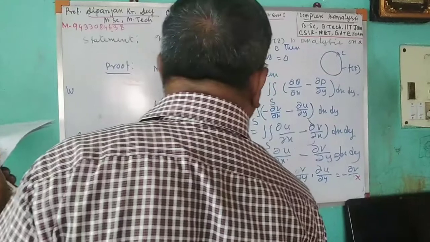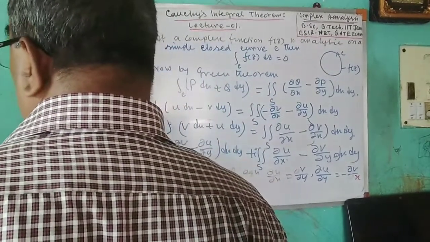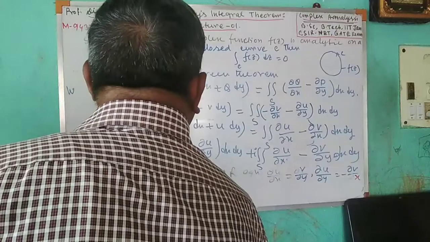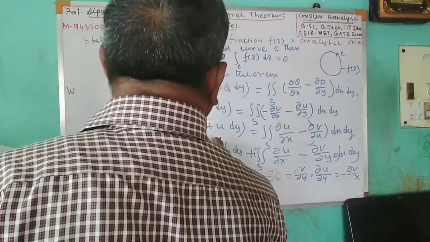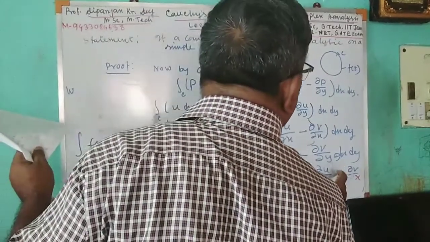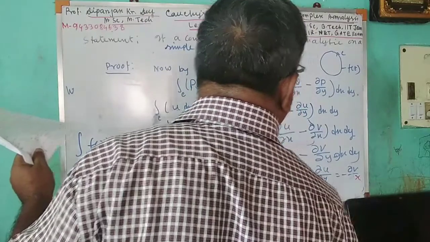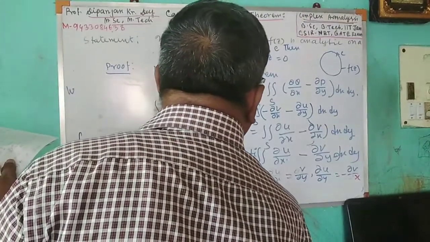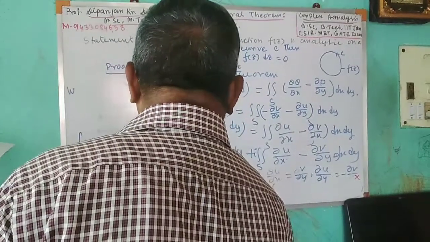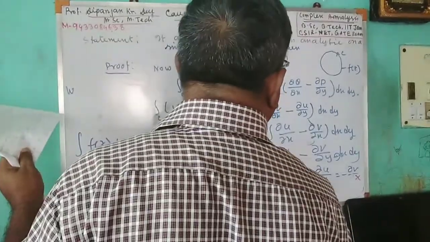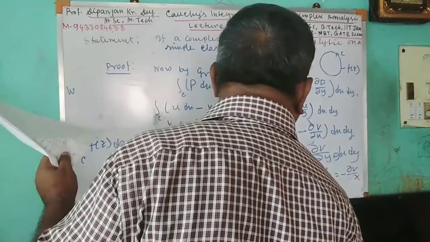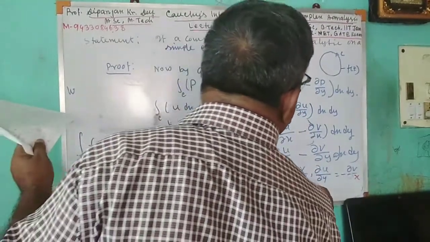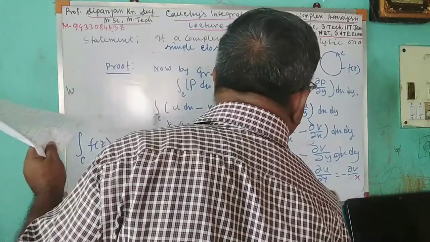So now I am putting in del u by del x. Therefore this equation becomes the integration of minus del v by del x minus del u by del y, where del u by del y is minus del v del x, so it will be plus del v by del x dx dy, plus the integration of del u del x, which equals del v del y, minus del v del y into dx dy.